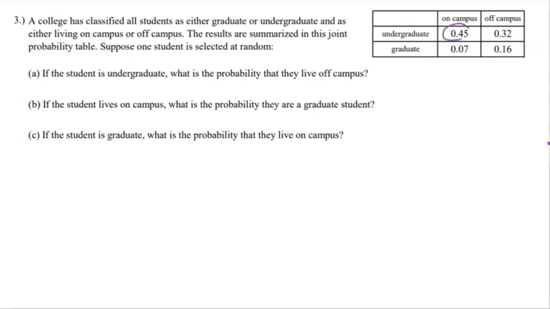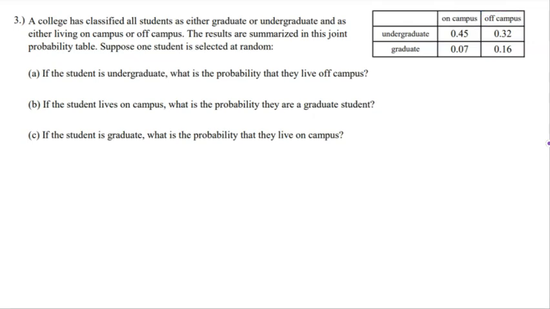This is the probability that we'll select a student that is an undergraduate student and they live on campus. This one is the probability of an undergraduate student who lives off campus. This one is the probability of a graduate student that lives on campus, and this one is the probability of a graduate student that lives off campus.